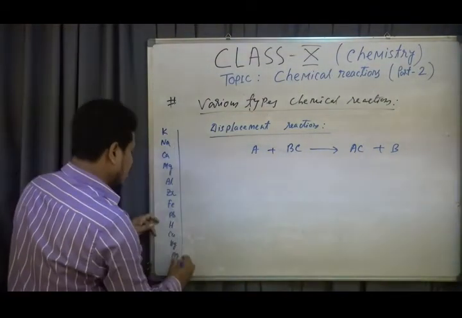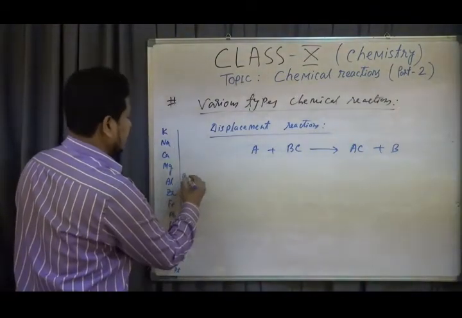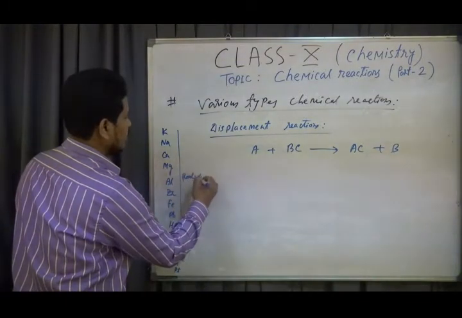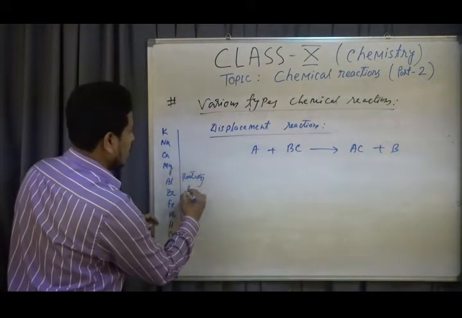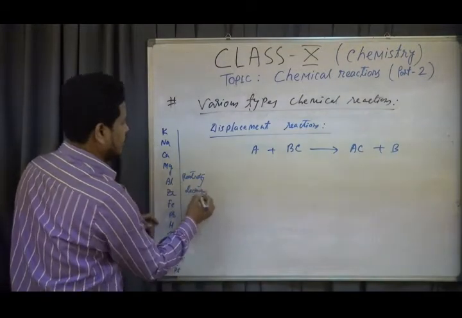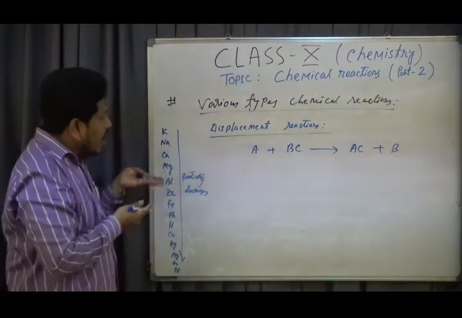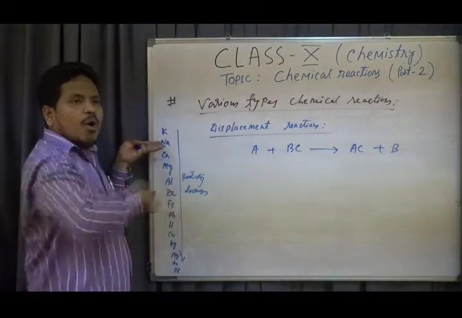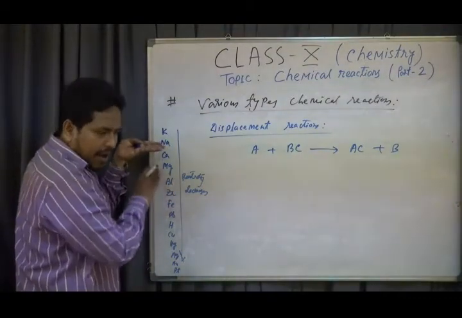Okay, so down the group, reactivity decreases. Reactivity decreases down the group. Means the element at the top is more reactive than any element at the bottom.